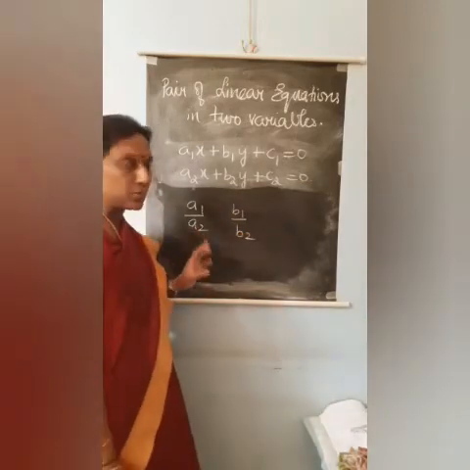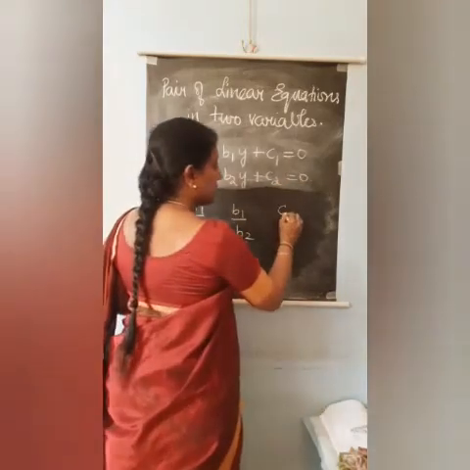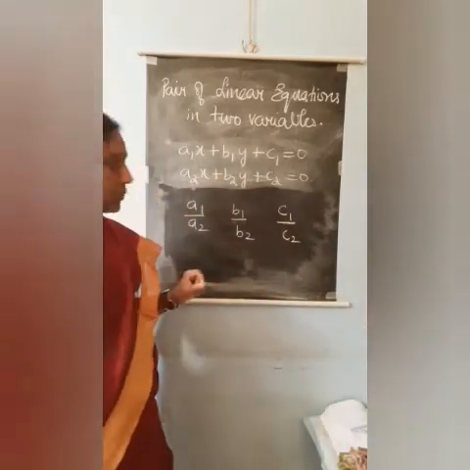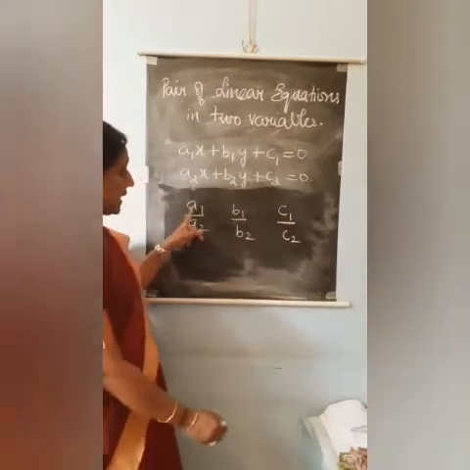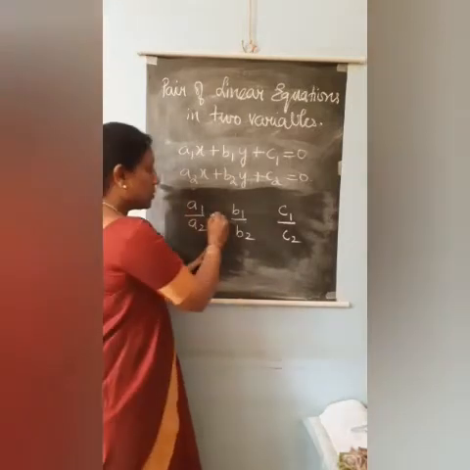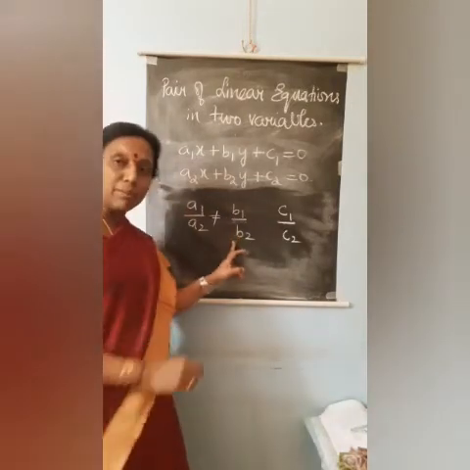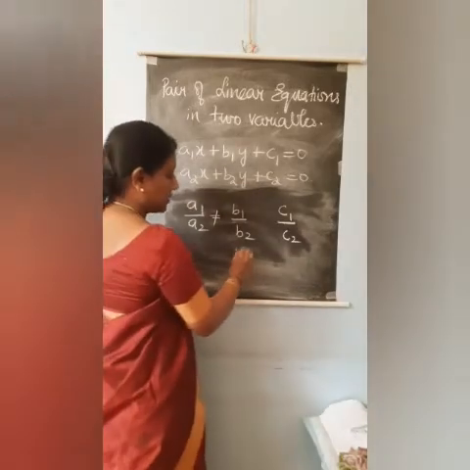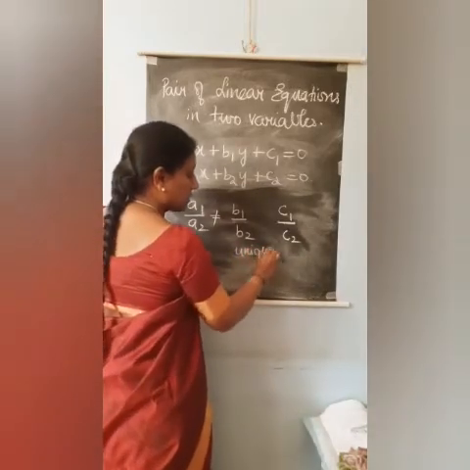This is another ratio. When we compare the constants, we get another ratio. Now, supposing a1 by a2 is not equal to b1 by b2, then we get a unique solution.